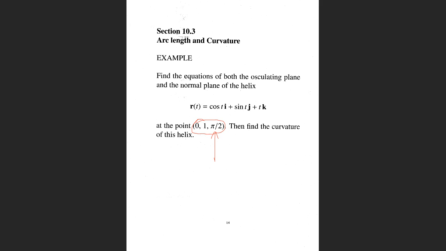Well, t is the z component, so that means t has to equal pi over 2. And so the sine of pi over 2 would be 1, and the cosine of pi over 2 would be 0. So that's why t equals pi over 2.